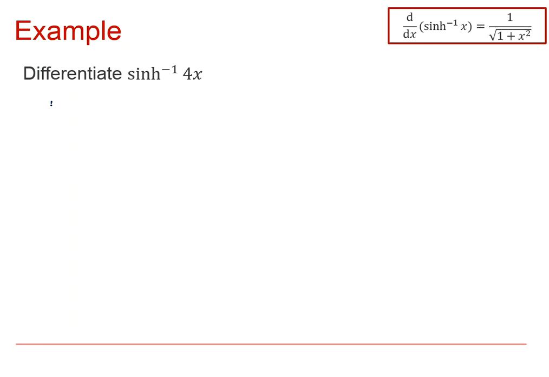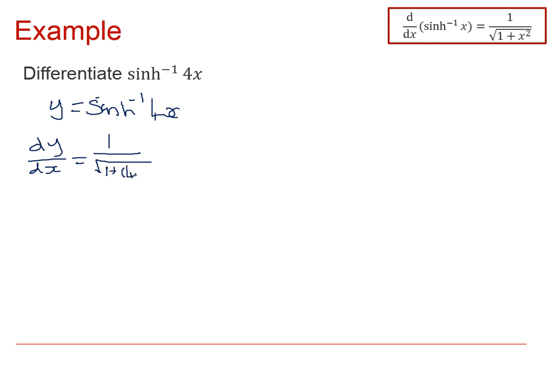We're going to differentiate y equals inverse sinh of 4x. Now remember, we're going to need to use the chain rule because we haven't just got x here, we've got 4x. So using the formula, we get that dy/dx is 1 over the square root of 1 plus 4x squared.